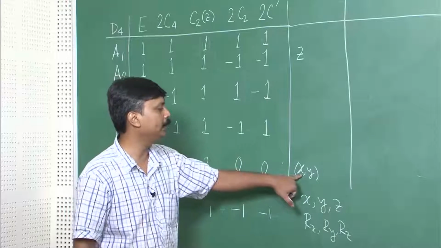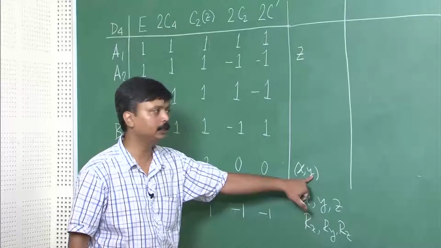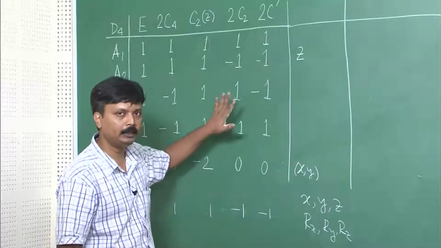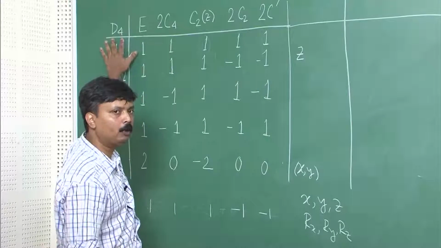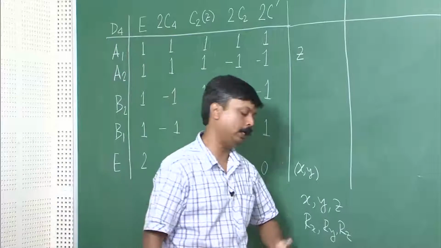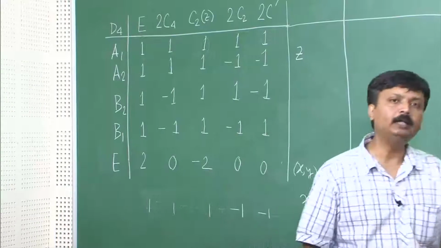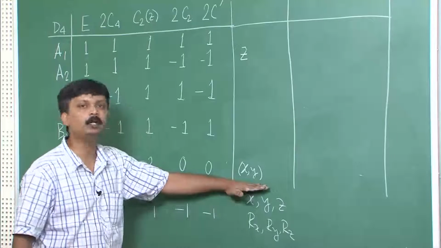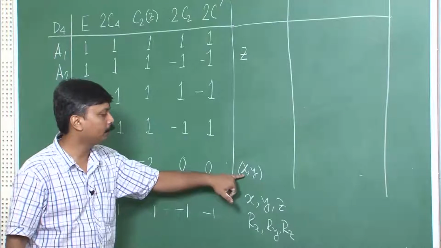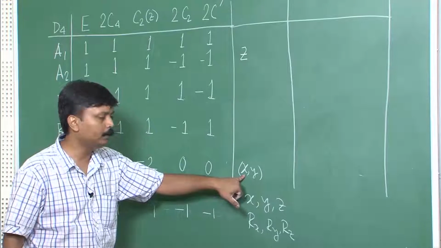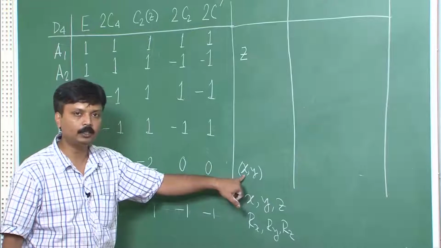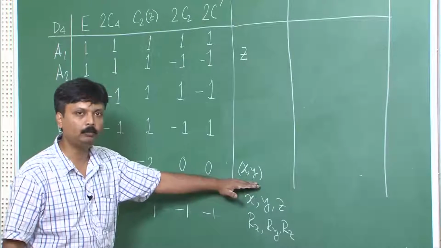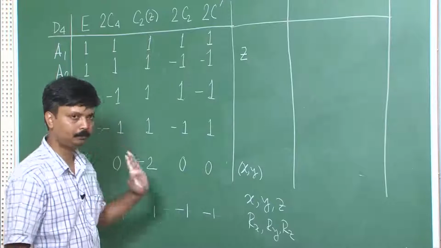So individual x or y cannot form a basis for any of the irreducible representations for this particular point group. For any other point group, it may, but in this particular case, they are not capable of working as basis functions individually. Okay, they transform together as E.